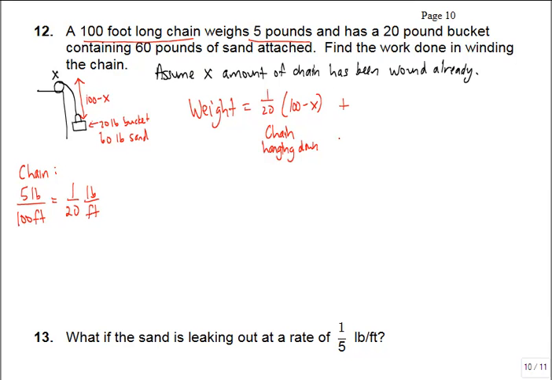In addition to that, we have the bucket, which is a constant force of 20 pounds. And then inside of that, we also have the sand, which is a constant 60 pounds.